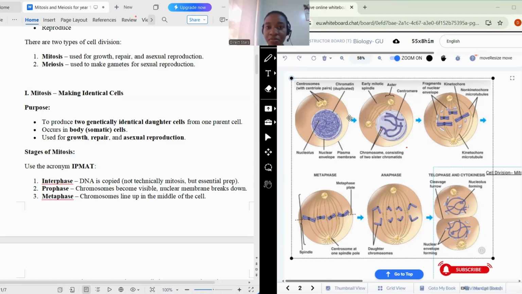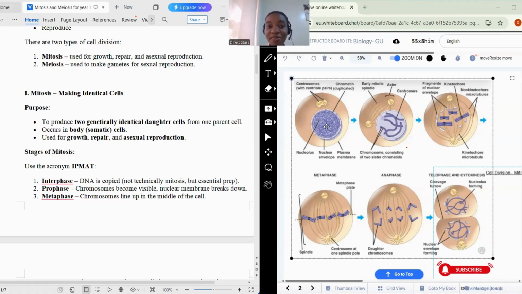the chromosomes. If you take a look at this diagram right here, you would see that there is no definite shape. This is because at the initial stage, before the cell division occurs, when the cells are just carrying out their own activities, there is no definite shape for the DNA or the chromosomes.